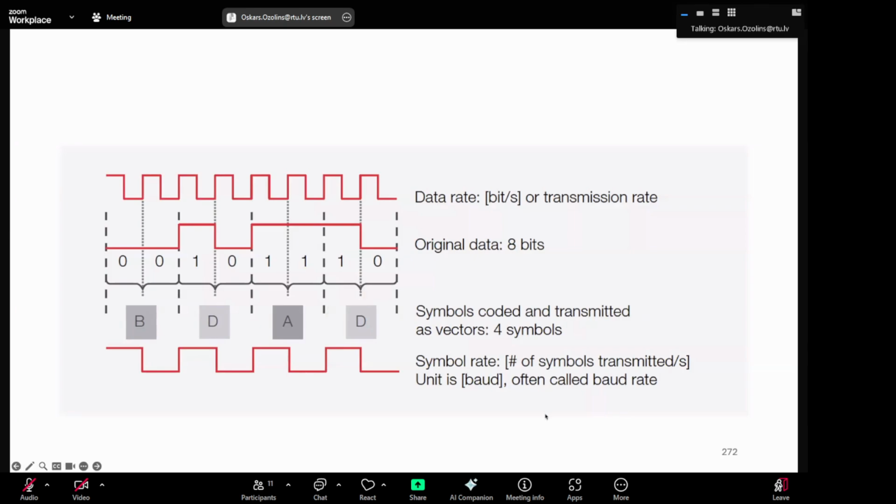Right. Okay. We already looked at this when we were looking into pulse amplitude modulation, where we had the 4 level, 6 level, 8 level symbols. Then we have also this definition of bits and symbols, and bits per second and bauds per second.